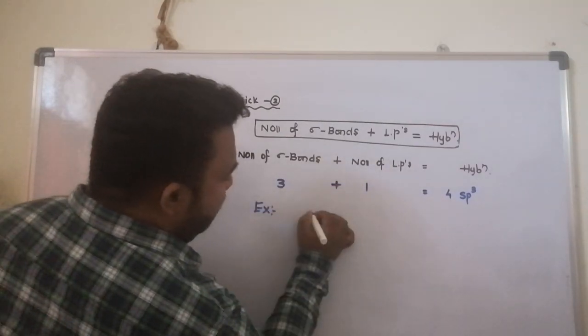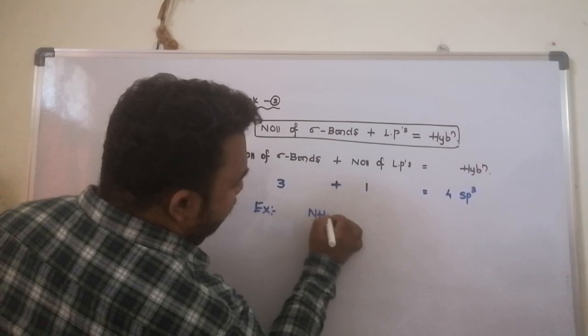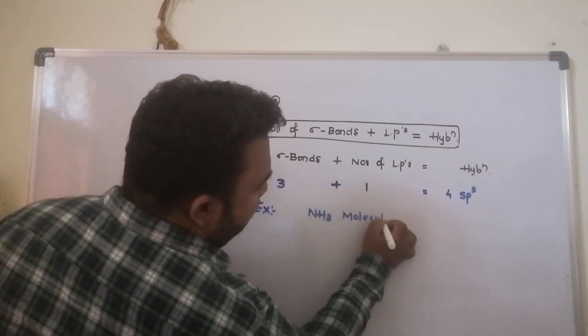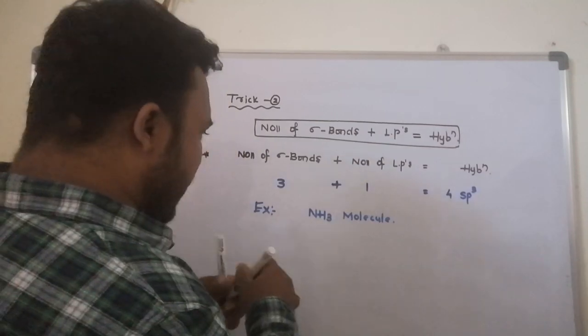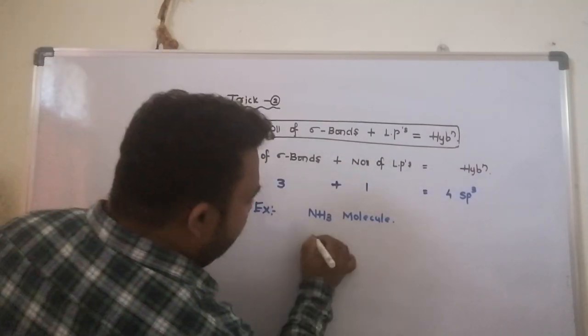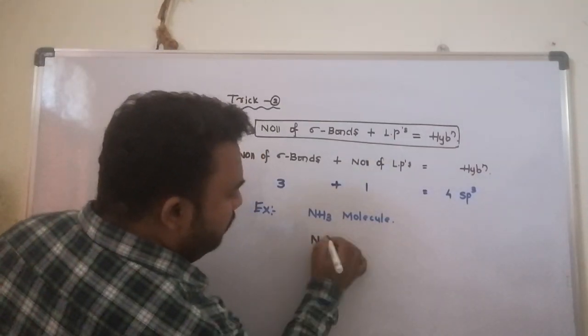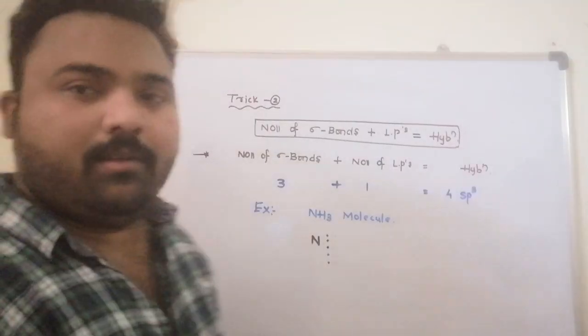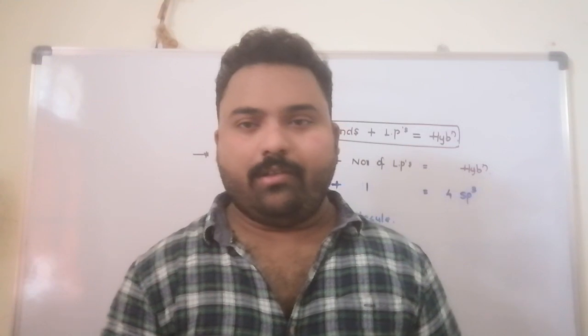Example, the NH3 molecule. See here, nitrogen has 5 valency electrons.